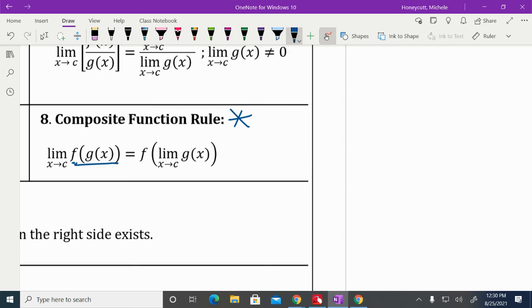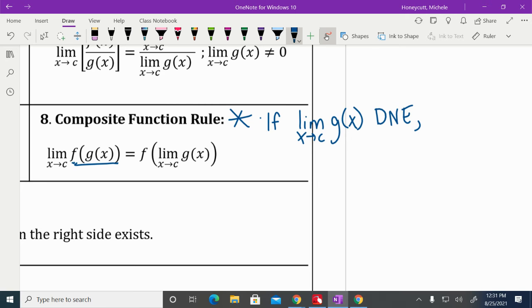Sometimes you'll think this whole thing doesn't exist, but it actually does. So we need to add a special note here. If you find that the limit as x approaches c of the g of x part does not exist, the whole limit of the composition function can still exist.